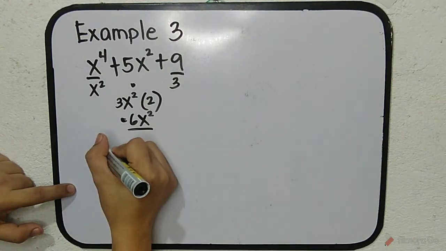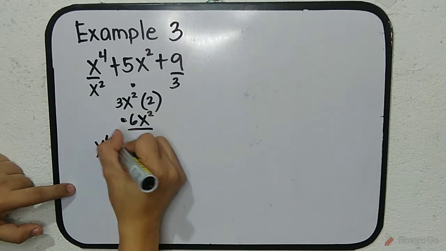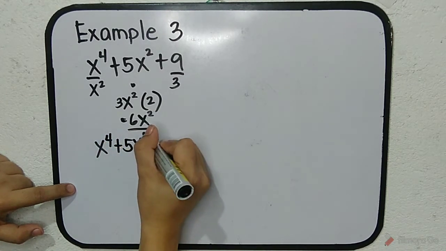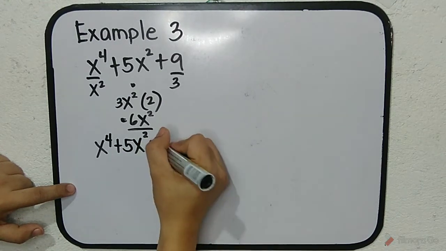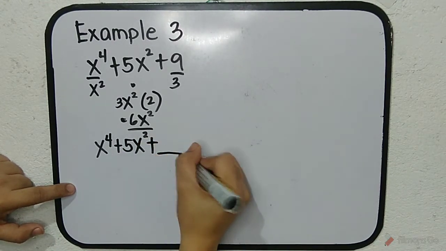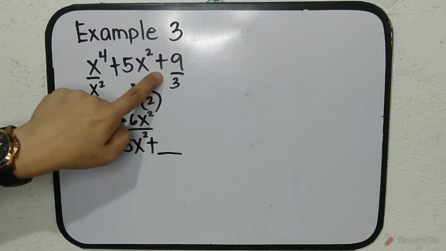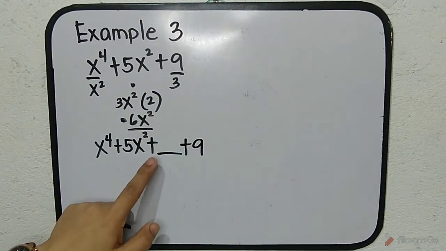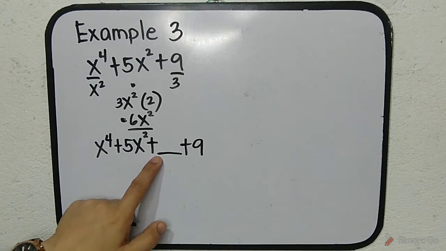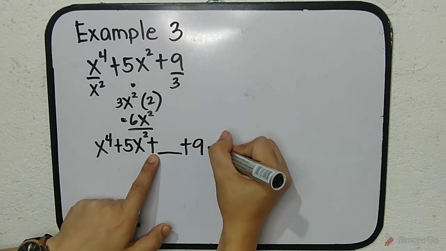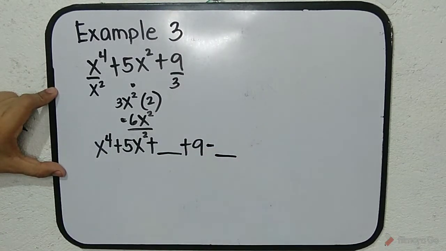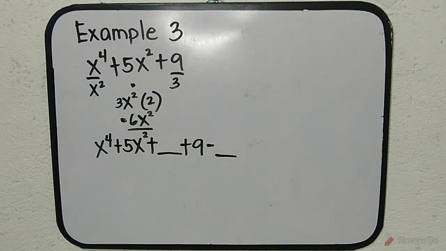So, sige nga, gagawin natin to. So, x to the fourth plus 5x raised to the second power. So, ano yung i-add natin? Tapos, copy to, plus 9. Sabi ko kanina, sa mga nauna examples, pag nag-plus dito, minus ang sunod. So, minus yung ating napiling o yung ating i-add dito na term.